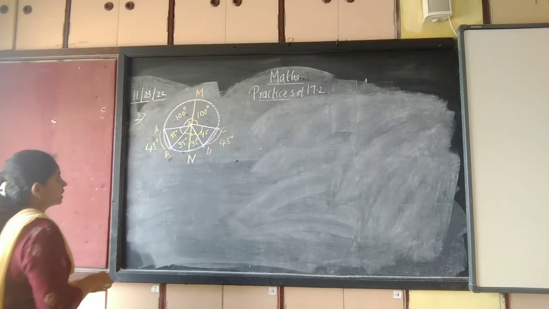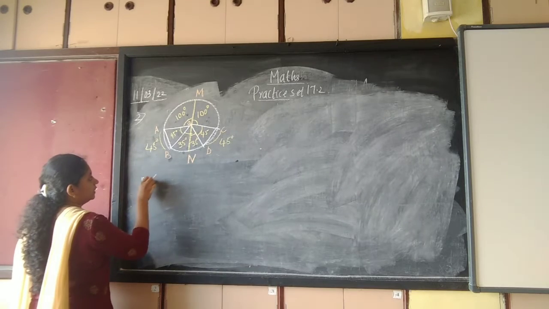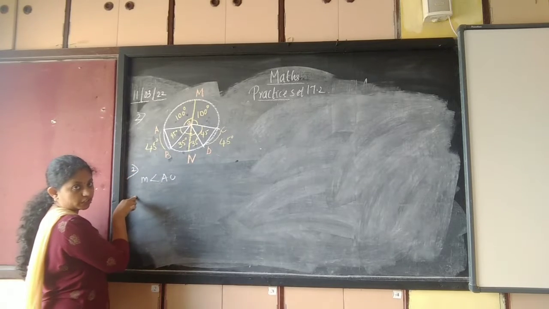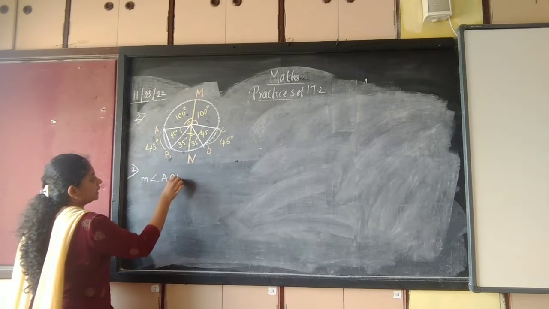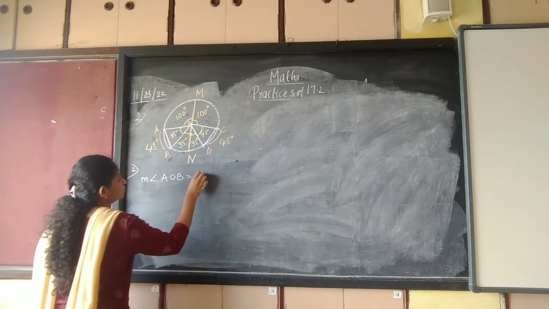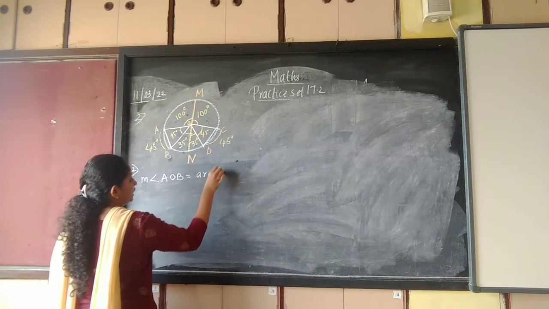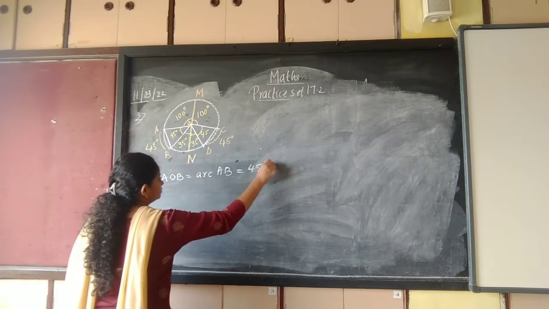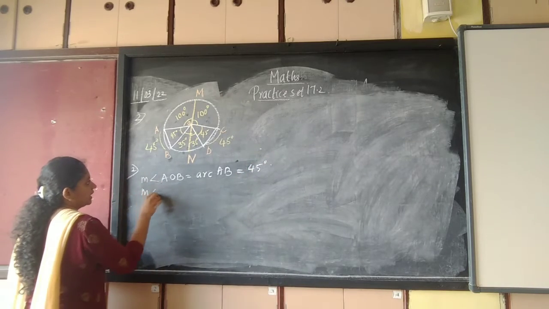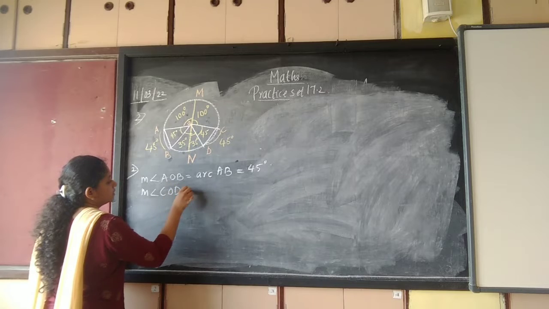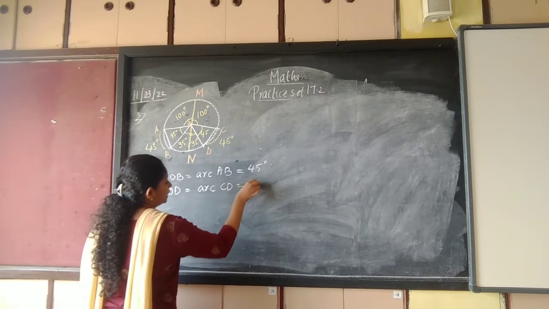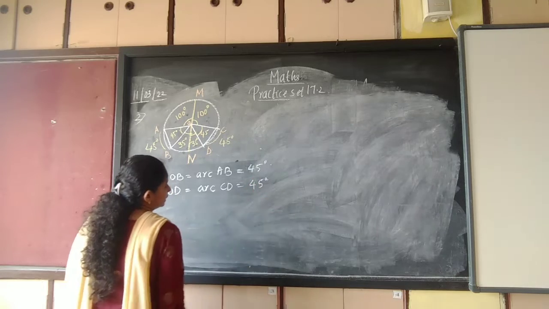So let's write: measure of angle AOB. This is the solution for the second one under question number 2. Measure of angle AOB is equal to arc AB, that is equal to 45 degrees. Measure of angle COD is equal to arc CD, and what will be the answer? 45 degrees.